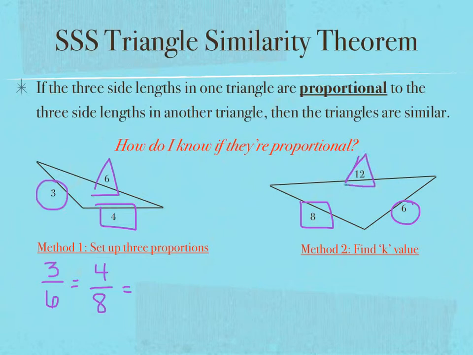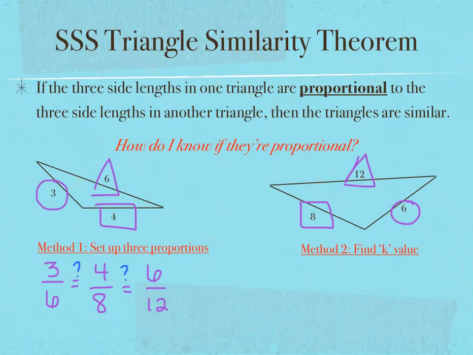Obviously the 12. So what I want to know is it true that all 3 of these fractions are equal to each other? Okay. And so that one you can probably just look at and tell, right? Those are all equal to 1/2. But the other thing you could do is actually calculate them. Actually calculate like 3 divided by 6, 4 divided by 8, 6 divided by 12, and make sure they all come out the same. Okay, so this is what you're checking, is are all 3 of these equal?